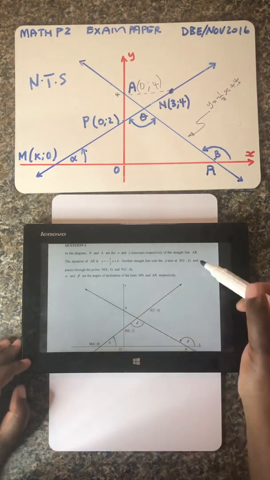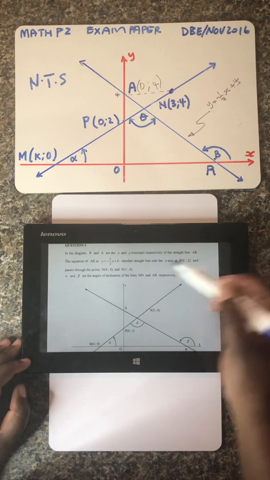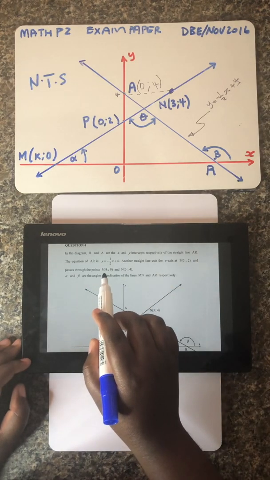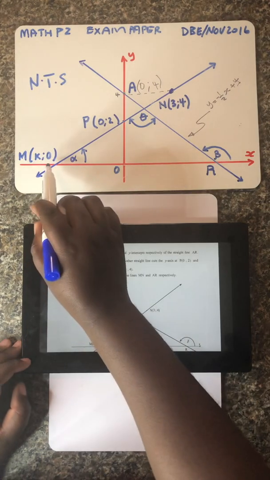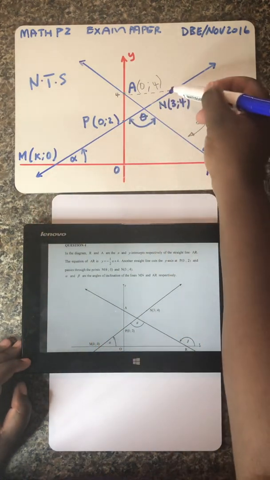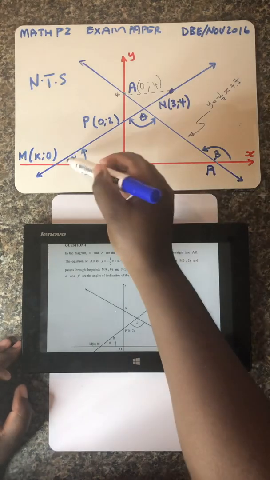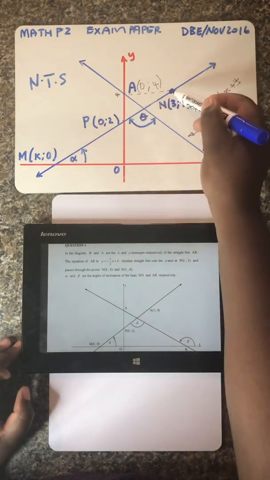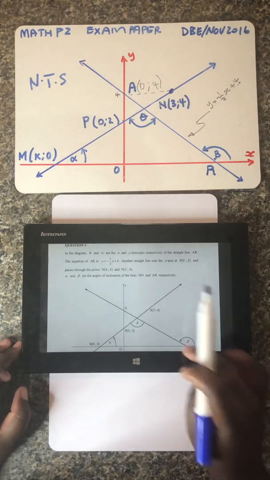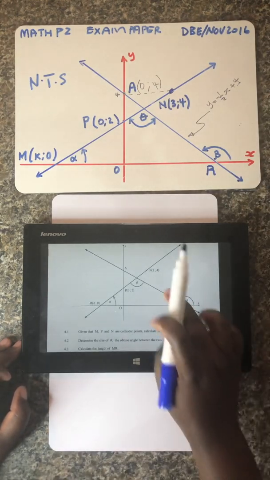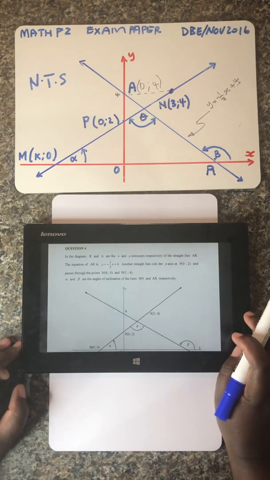So the statement continues and passes through the points M and N. Okay, so this is M, this is N. M, P, and N are points along the same line. Guys, that was not the end of the statement.